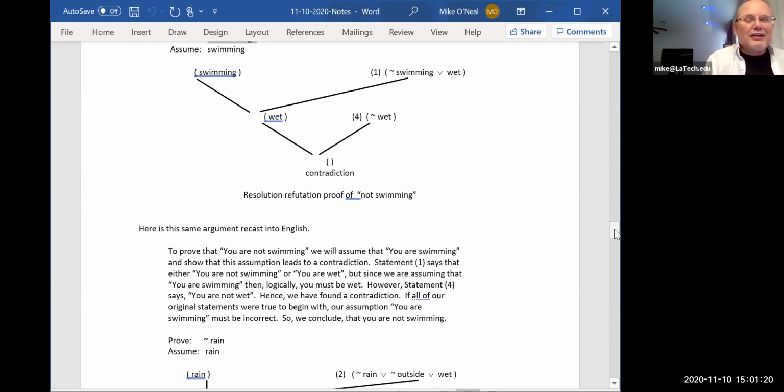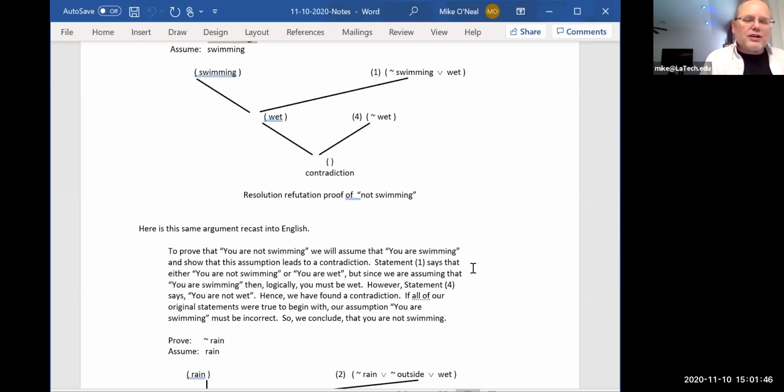That's fantastic. Let me put this back in English. I'll say it again for about the 5th time because it's so important. To prove that you are not swimming, we will assume that you are swimming and show that that assumption leads to a contradiction. Statement 1 says that either you're not swimming or you're wet. But since we are assuming that you are swimming, then logically you must be wet.